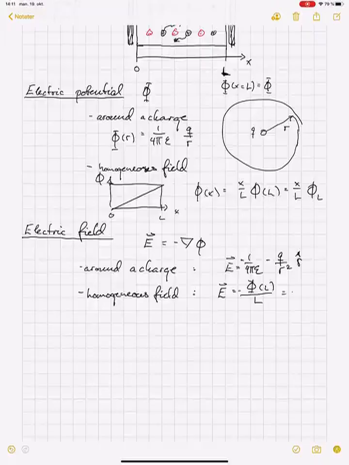So this equals minus phi over L. So the electric field is the same everywhere because the slope of this line is the same all the way. So there's a homogeneous constant electric field.